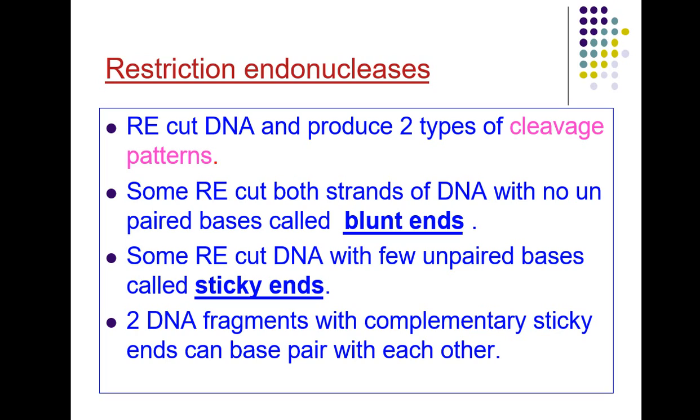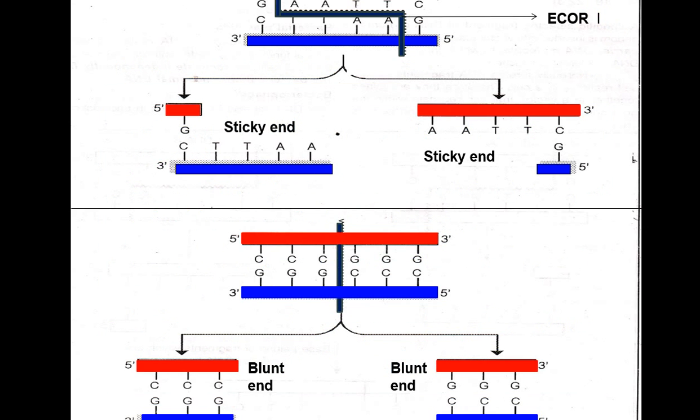I will tell you what is a blunt end and what is a sticky end. So one is the blunt end cleavage pattern, the other is the sticky end cleavage pattern. Two DNA fragments with complementary sticky ends can base pair with each other. I will show you what a blunt end and a sticky end are.